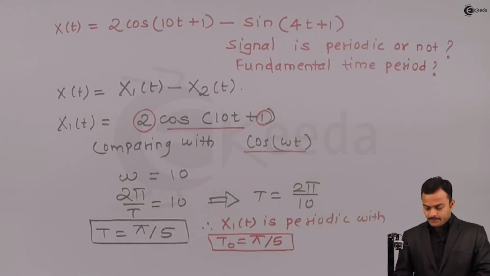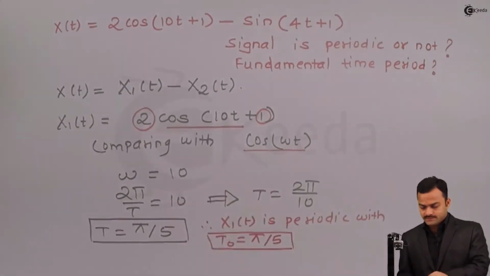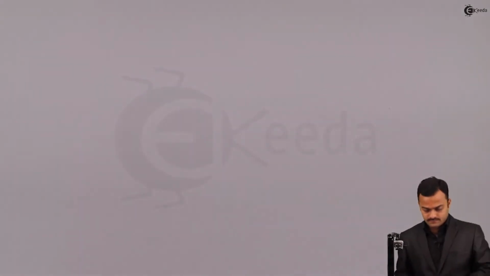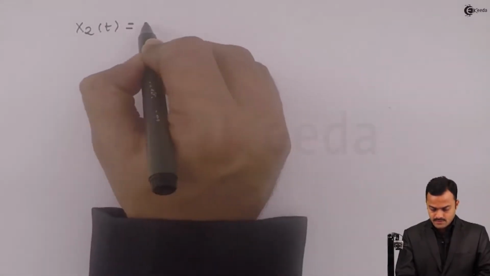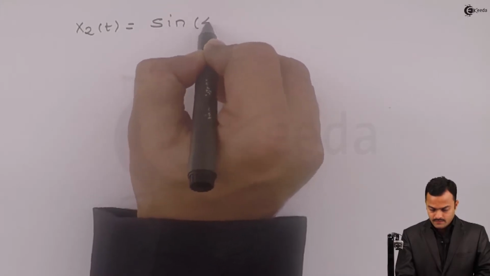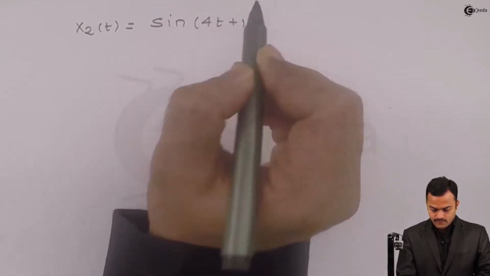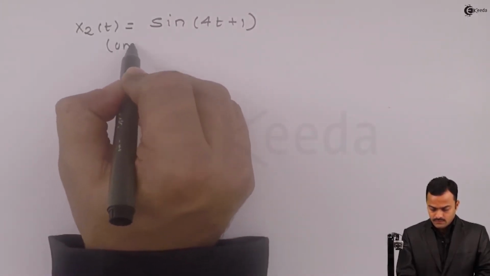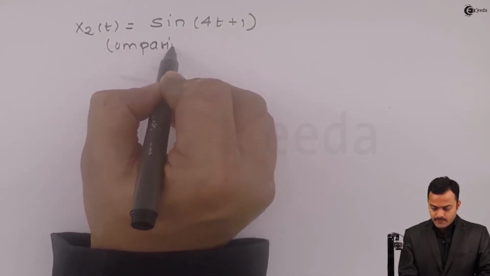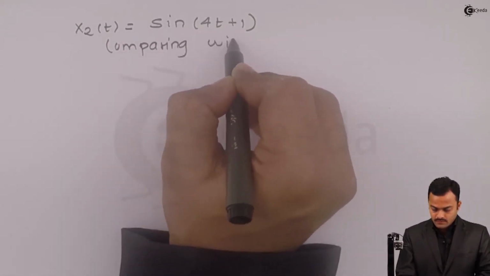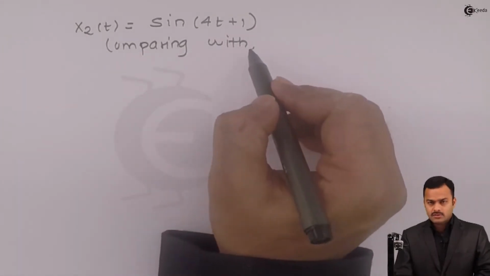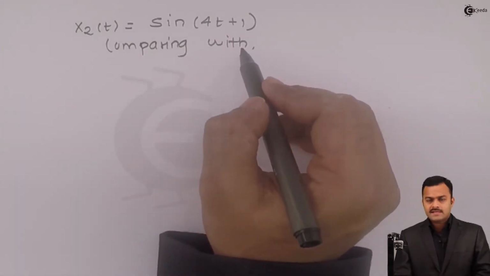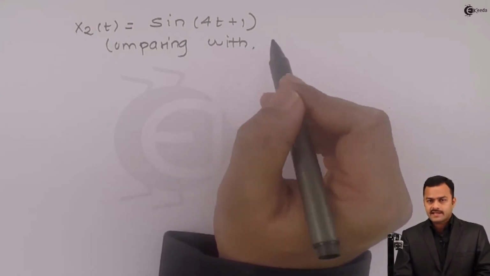Let's find out the periodicity for x2(t). So x2(t) is sin(4t + 1). Comparing with the standard equation, this time it is a sinusoidal function. Rather, cos is also a sinusoidal function, but we precisely call cos a shifted sine.